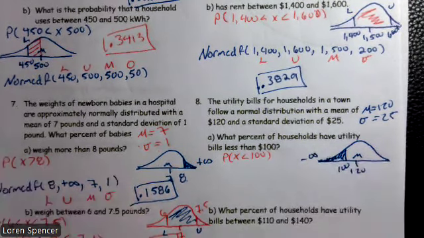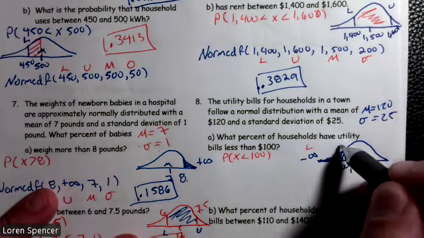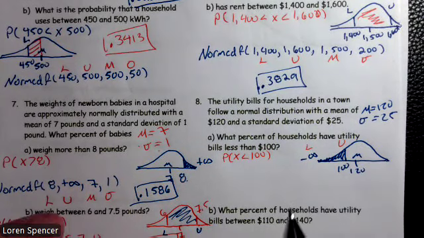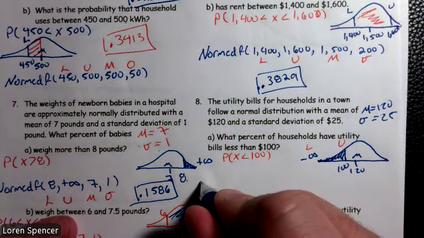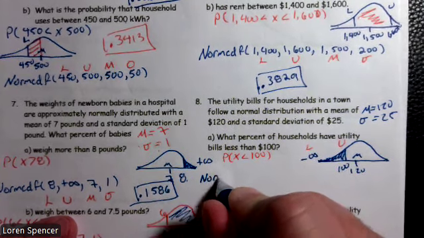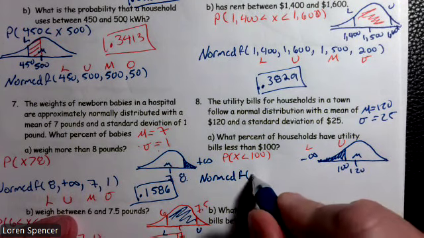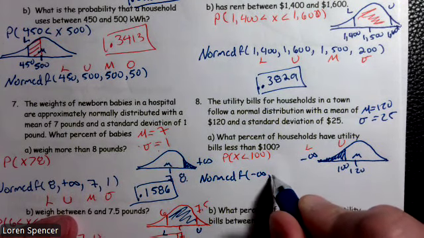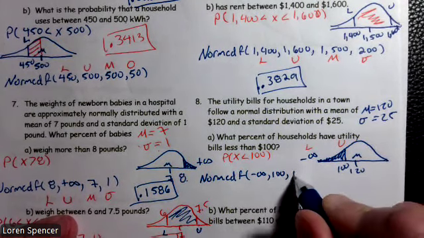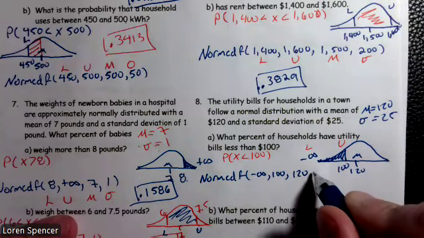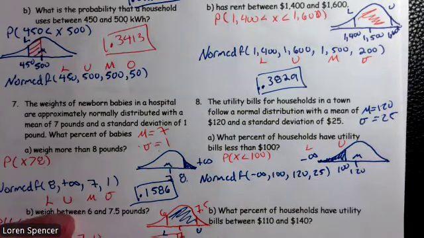So there's my lower, here's my upper. So this is going to be a normCDF. Lower bound, negative infinity. Upper bound, 100. Mean, 120. Standard deviation, 25.